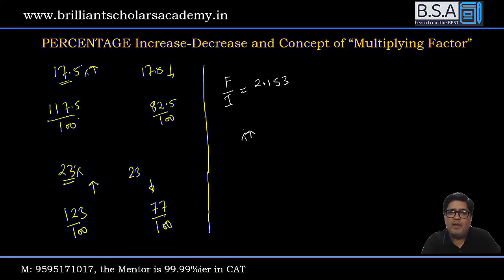While dividing final value upon initial value, I came to a ratio 2.153. How much is the percentage increase? तो DIY मिल सकता है आपको.